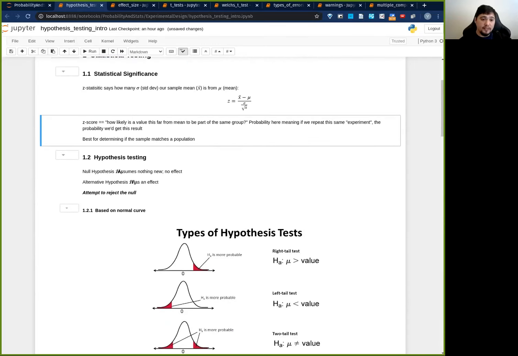So I talked about the significance level and hypothesis testing. The first thing we're going to do, as I mentioned way before, is the z-test, the z-statistic. I didn't go into details, but I mentioned it. That's the first way. I'm going to tell you right now, I'm not going to focus on the z-test, because a z-test relies on a normal curve, and it turns out we can actually do better than a z-test. We will look at the t-test and Welch's t-test eventually.